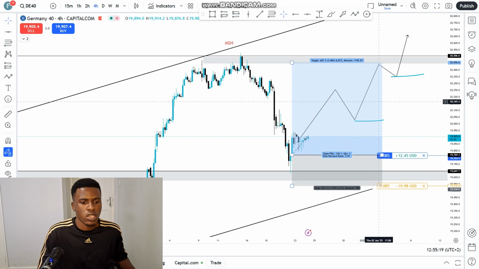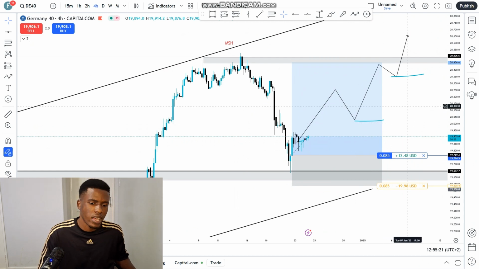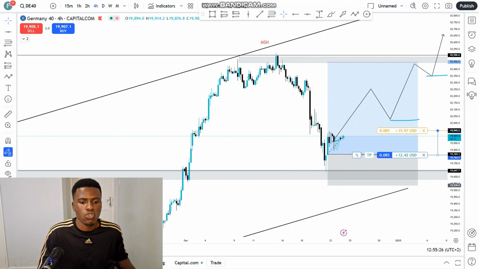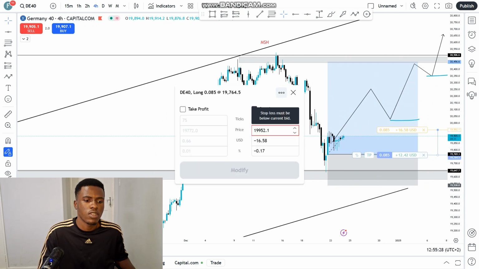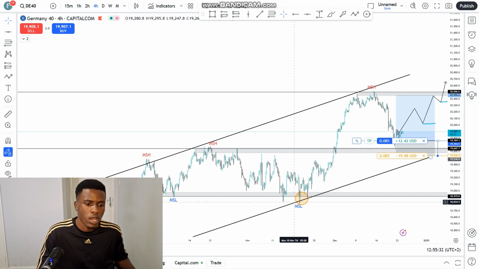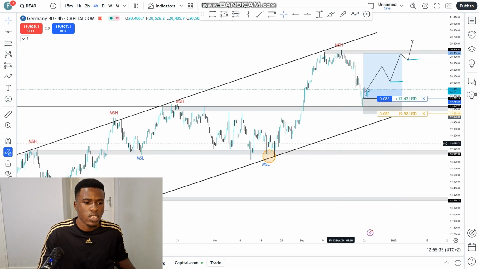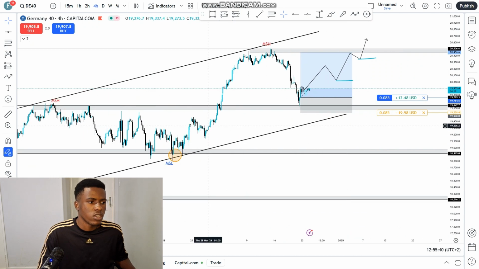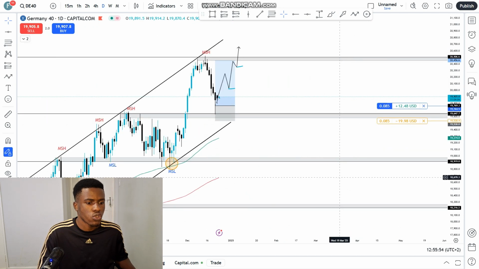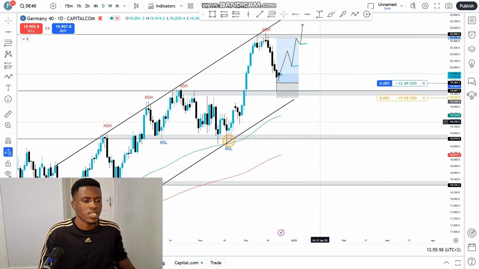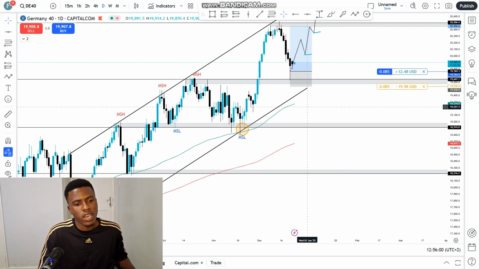So going back to my position that I have right now, I'm still expecting a continuation to the upside. As you can see on this template that I did the last video, I will be expecting a continuation to the upside and maybe continue to trail my stop in profit if it does allow me to do so, because we are in a nice uptrend. Our trend line right here is being supported, and we came back to a major swing high to retest it. And if you also put moving averages, you can see that we are still respecting those moving averages, indicating a wave to the upside.